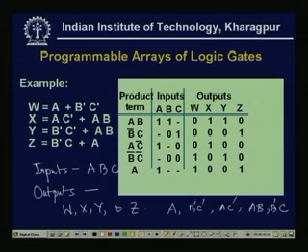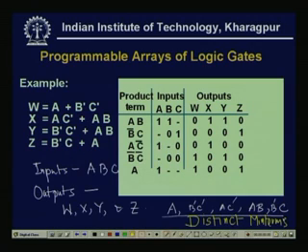So, there are only 5 distinct min terms. If I can realize these 5 distinct min terms, then I should get the outputs W, X, Y, Z.